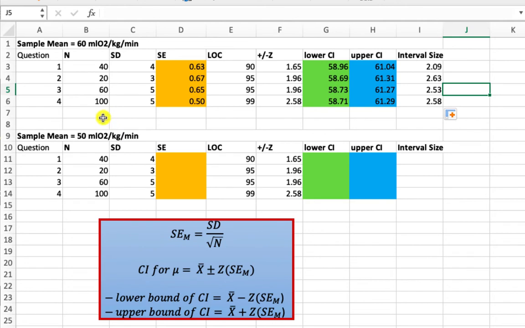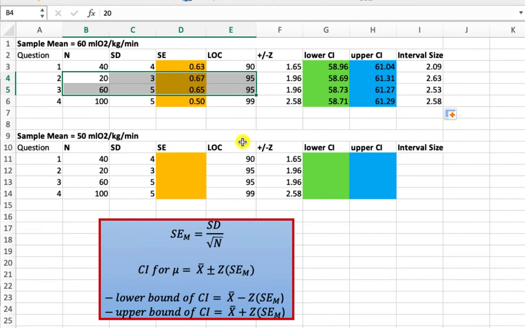And what we can notice, if we look at these middle two examples, where our level of confidence is relatively the same, is that as our sample size increases, our interval size decreases.